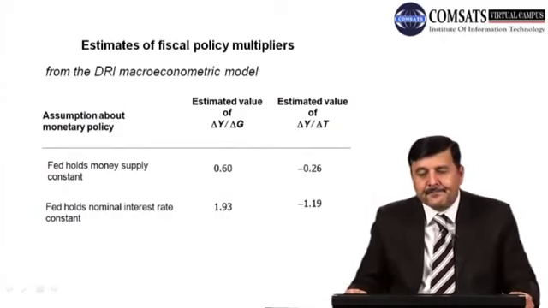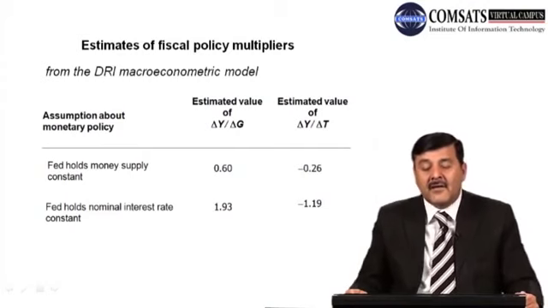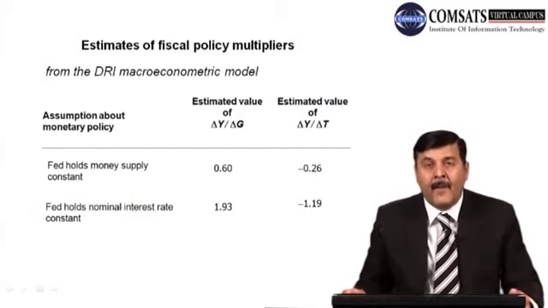First we see that if we look at the estimated value of delta Y over delta G, we have 0.60 if the Fed holds money supply constant. If the Fed holds the rate of interest constant, then we have an estimated value of 1.93. What does this mean?